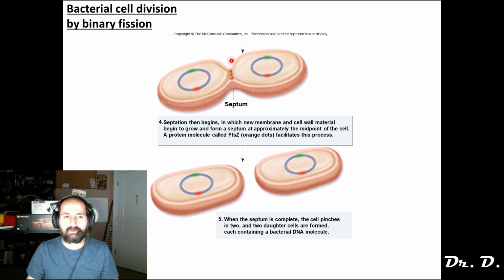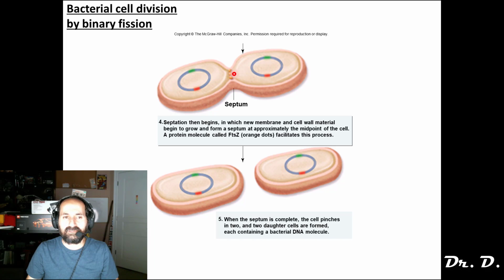It's an inward growth of the cell wall. What's the difference? Well, remember, bacteria have a tough cell wall, right? Can a cell wall pinch? No. Just like a plant cell, the cell wall can't pinch. Here a septum forms, which means the cell wall actually starts to form inwards. The cell wall is synthesized or grows inwards.